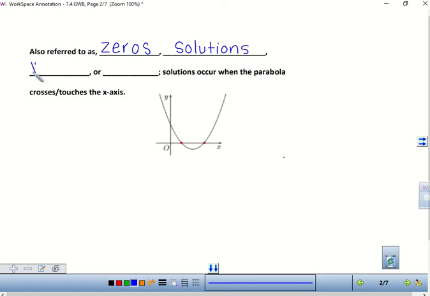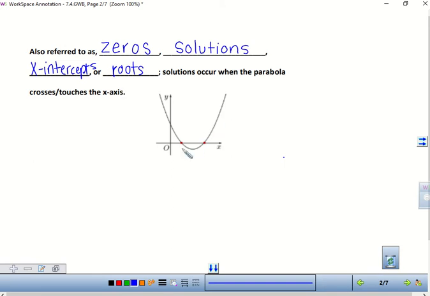You'll see them called x-intercepts. Or you'll also see them called roots, R-O-O-T-S. So those are the four common ways that we can refer to a solution to a graph, okay?